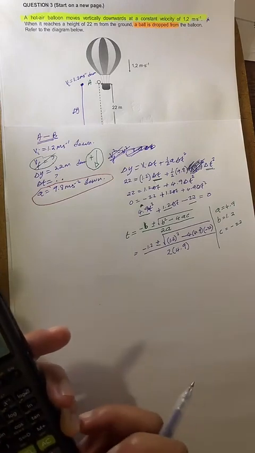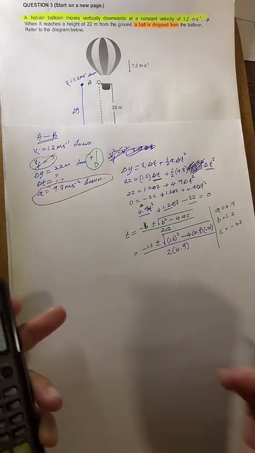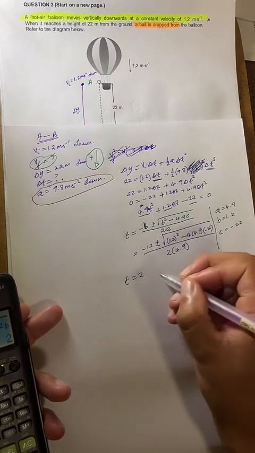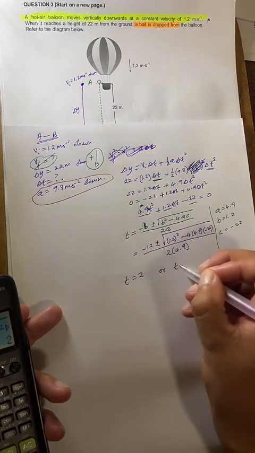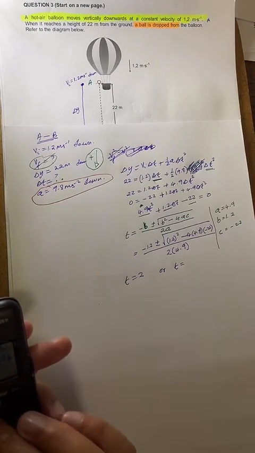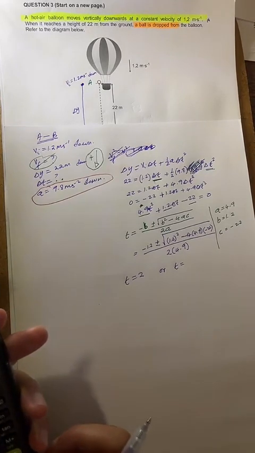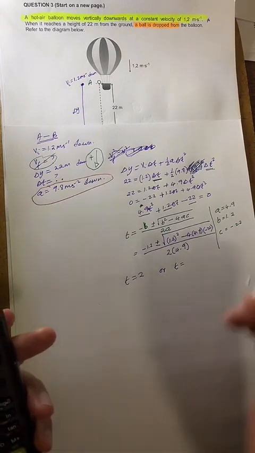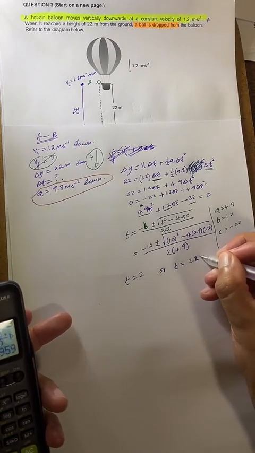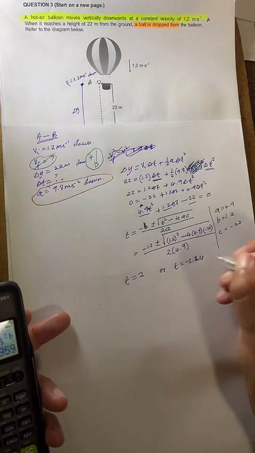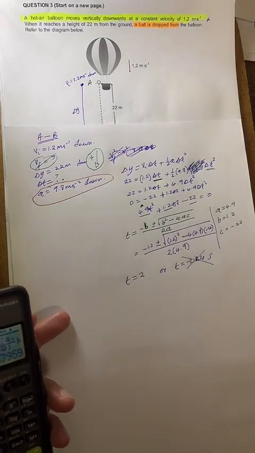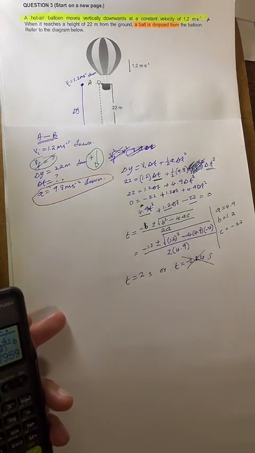When I put plus, I get t equals 2. When I put negative between the two numbers, I get negative 2.24, and time cannot be negative. This is incorrect. We ignore it. We take this one, 2 seconds.